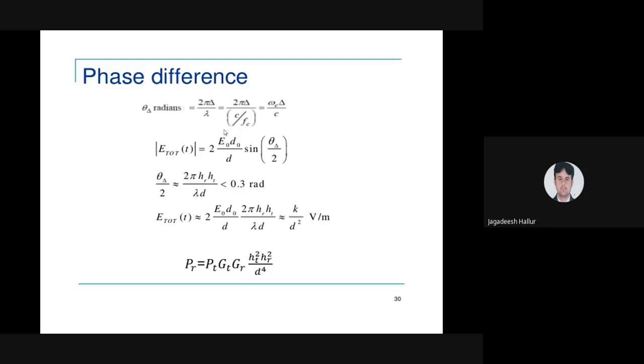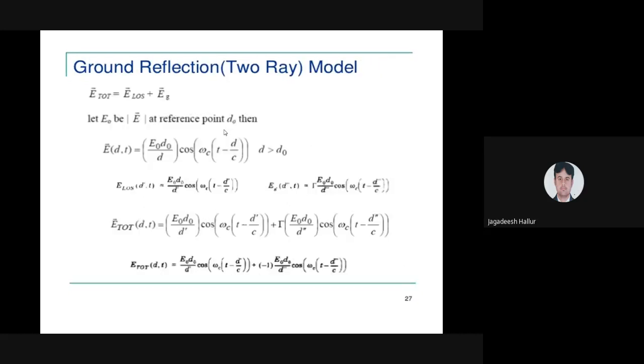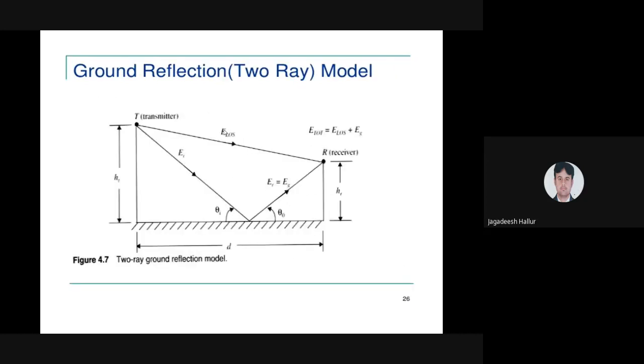Pt Gt Gr into ht square hr square divided by d to the power 4. So this is the derivation of the ground reflection model, or two-ray model.